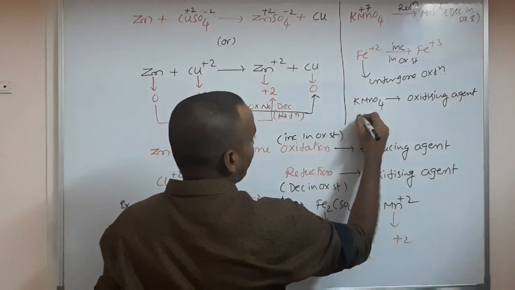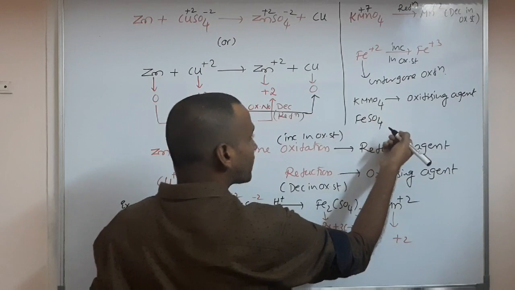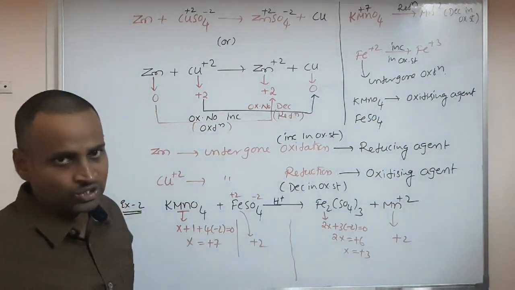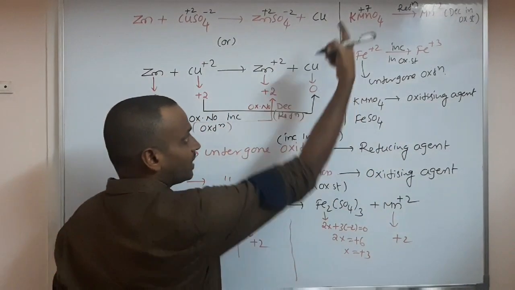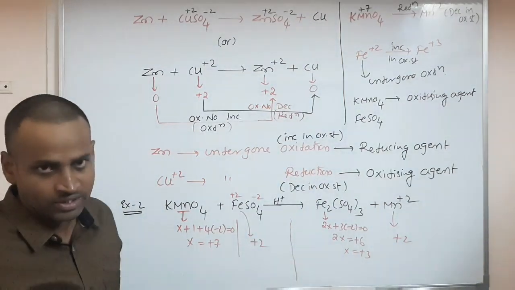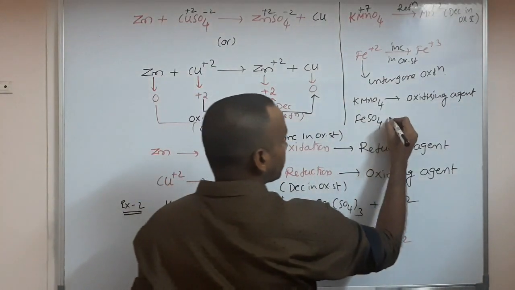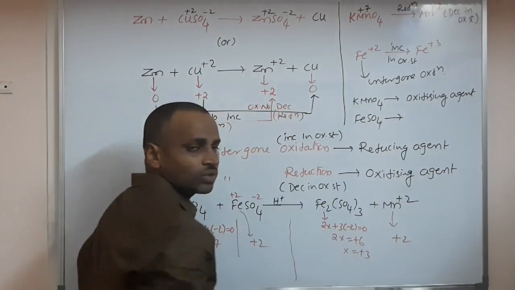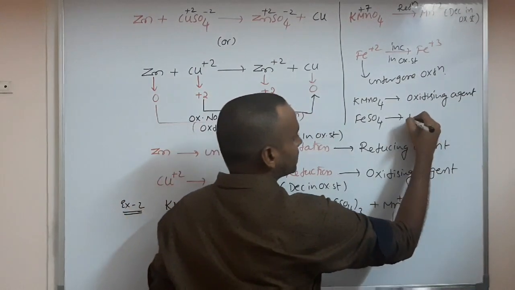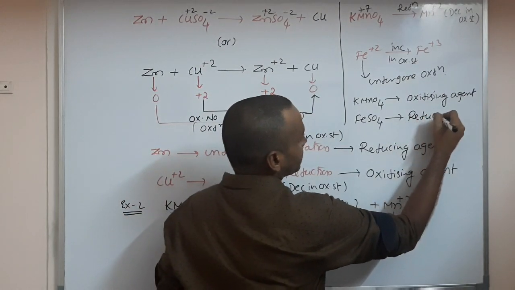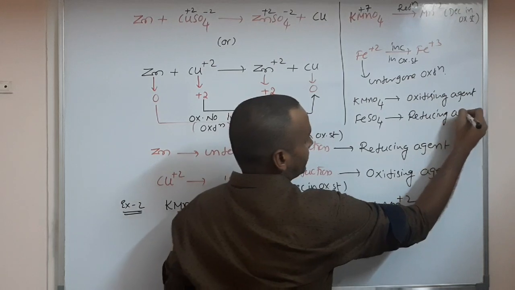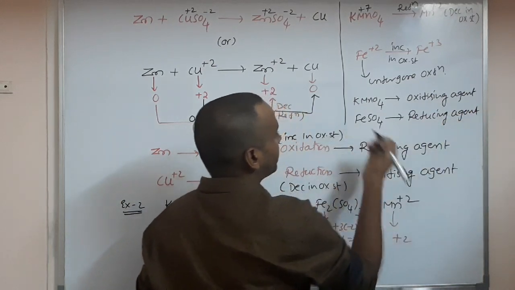Same story with FeSO4. Why I considered iron is because the iron oxidation state changed. Here, why I considered manganese is because the manganese oxidation state changed. So FeSO4 converted to Fe2(SO4)3. So FeSO4 is the reducing agent. What is the reason behind it?